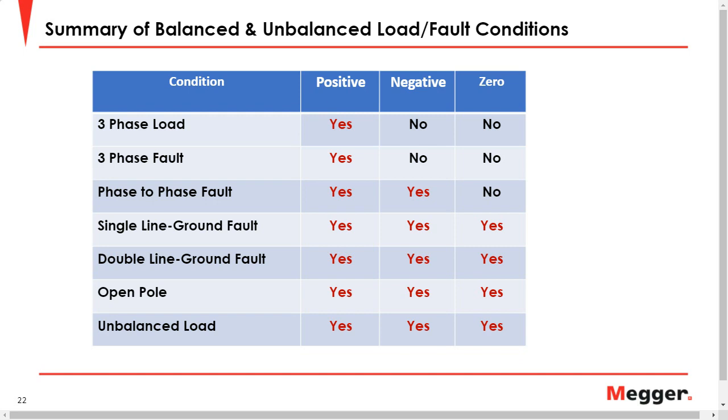With single line to ground faults, double line to ground faults, open poles and unbalanced loads, we begin to see the zero sequence component come in. And so for those conditions, we see all three sequence components.